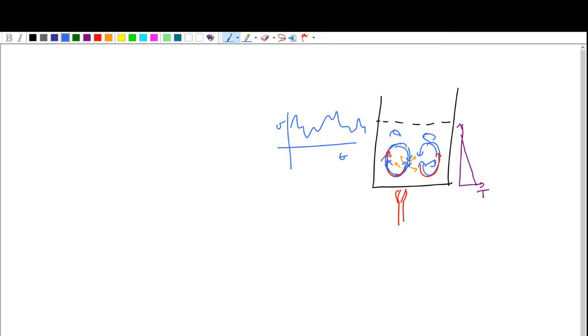Not in the molecular velocity, because these fluctuations are taking place at a scale which is much larger than the molecular scale. Note that the molecular diameter is of the order of about a few angstroms. In a liquid, the length scale for the molecular velocity fluctuations is of the order of a molecular diameter, which is a few angstroms, 10 power minus 10 meters.